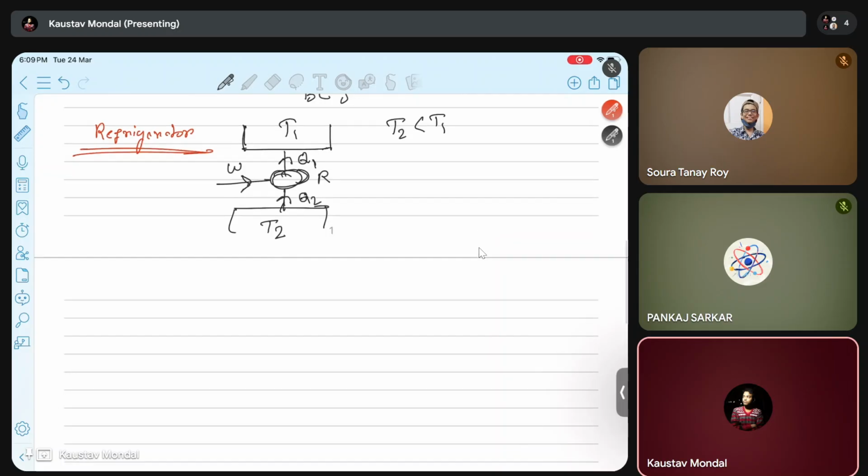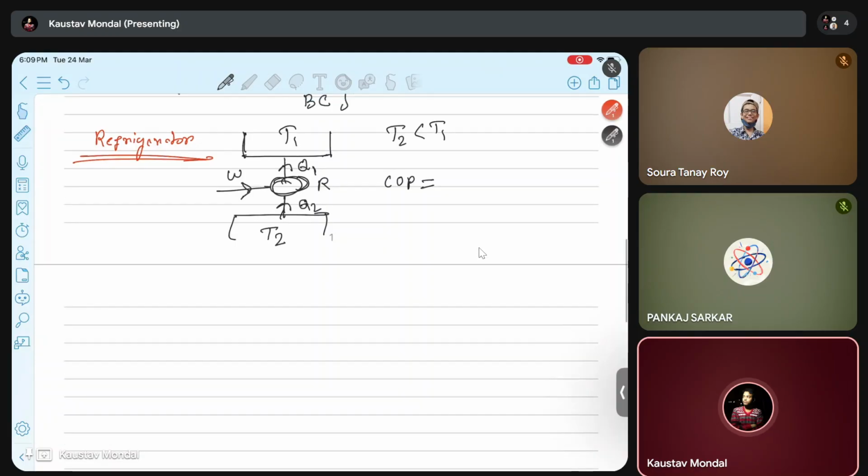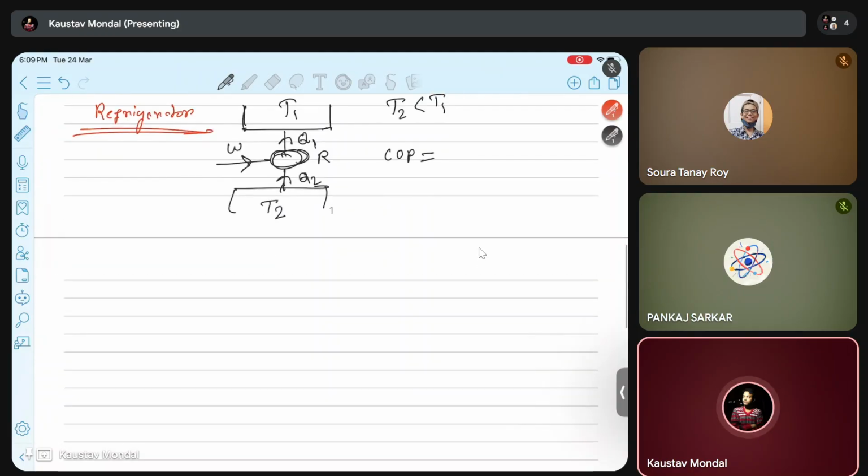In this case, instead of efficiency, there is another parameter known as the coefficient of performance, COP. The definition of COP is a bit different from the efficiency which we discussed for a heat engine. The coefficient of performance is defined as Q2 by W. Q2 is the heat taken from the cold reservoir and W is the work done.